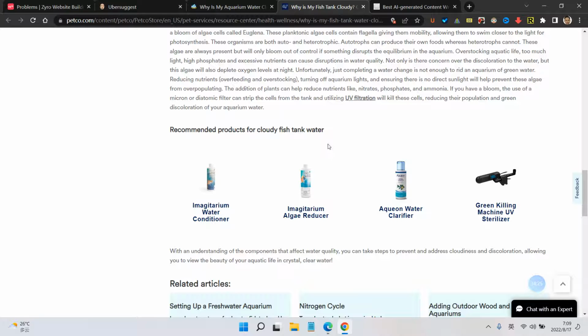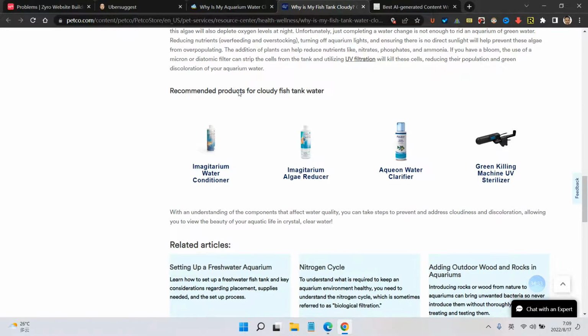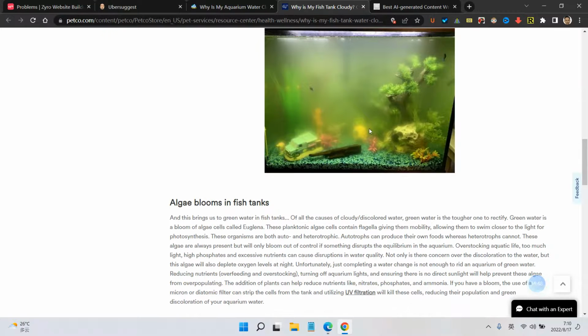When you want to compete with these issues, you need to recommend the successful product. You need to learn more about this one, like how much of this product, the water conditioner, you need to use for this kind of tank, a small tank like a 20-gallon tank, or a 100-gallon tank.